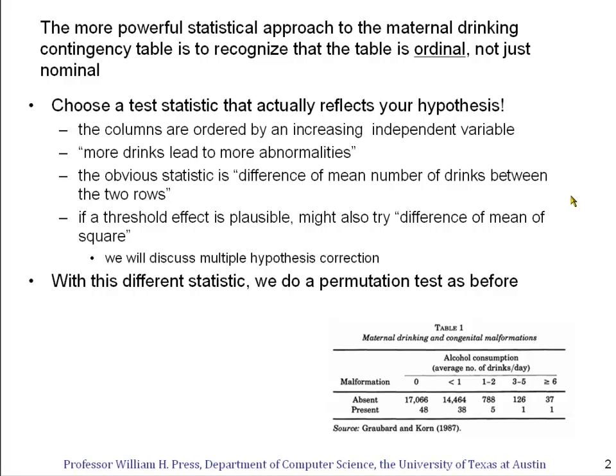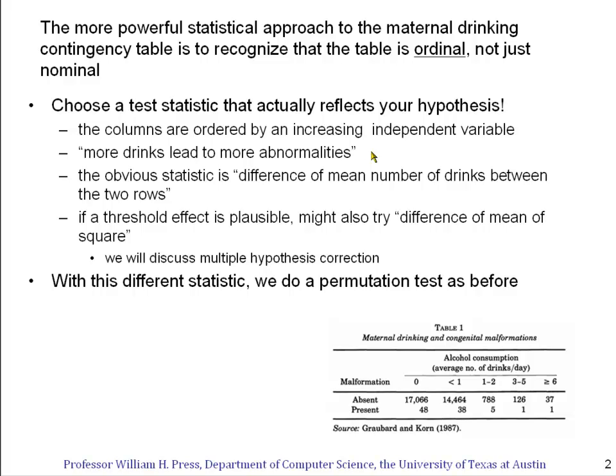The main point now is that we can put this to advantage by choosing a test statistic that actually reflects what our hypothesis is, and that reflects the ordinal nature of the table. So the columns are ordered by an increasing independent variable, and our hypothesis is something like more drinks lead to more abnormalities. Of course, that's not a null hypothesis that we disprove with a p-value test.